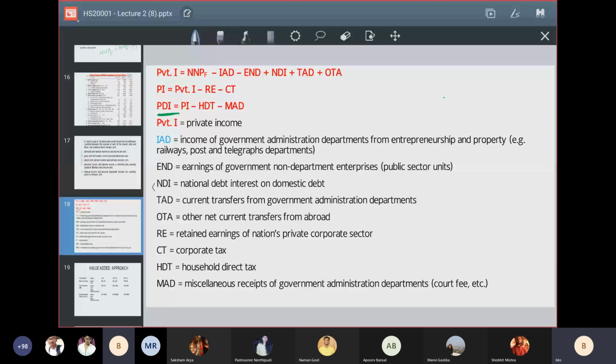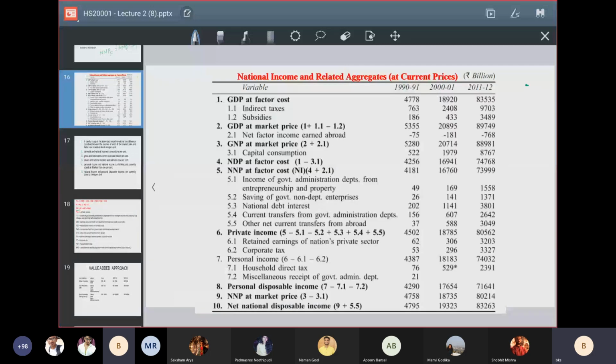Let's look at one example for India, how we can calculate all those concepts related to GDP and GNP. As you can see here, we are given the GDP at factor cost as well as the indirect taxes and subsidies.